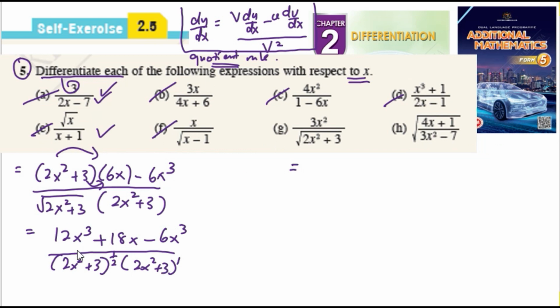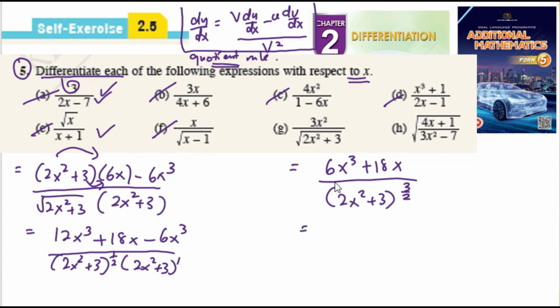So here you get 12x cubed minus 6x cubed, you get 6x cubed plus 18x, divided by 2x squared plus 3. You add the powers, half plus 1, you get 3 over 2.